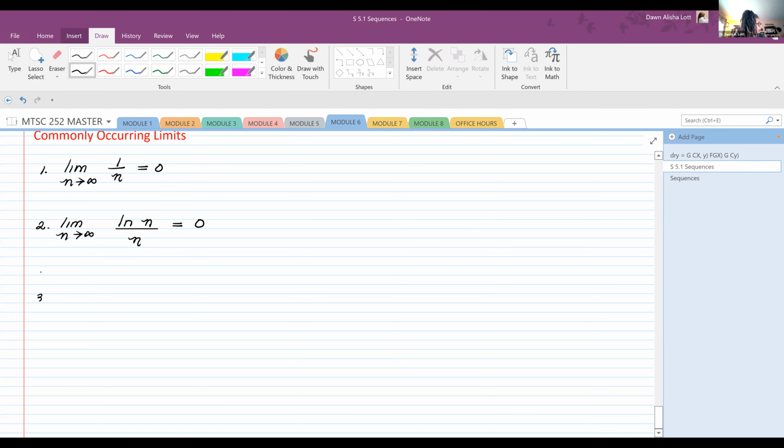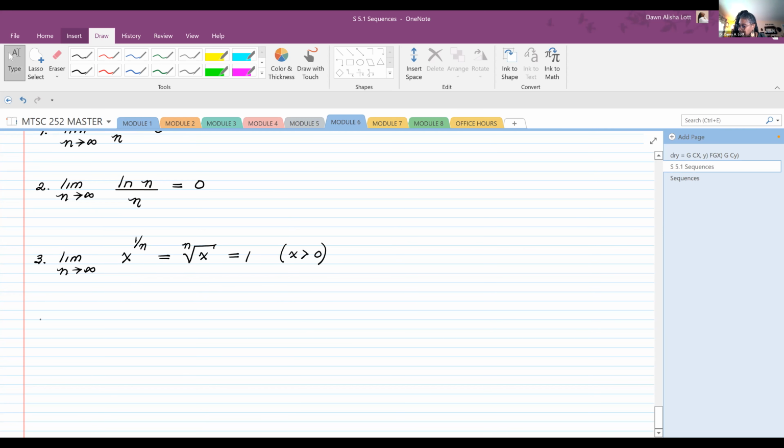Number three, the limit as n approaches infinity of x to the 1 over n, which also can be written as the nth root of x. This limit is equal to 1, and here we're assuming x is a positive number.